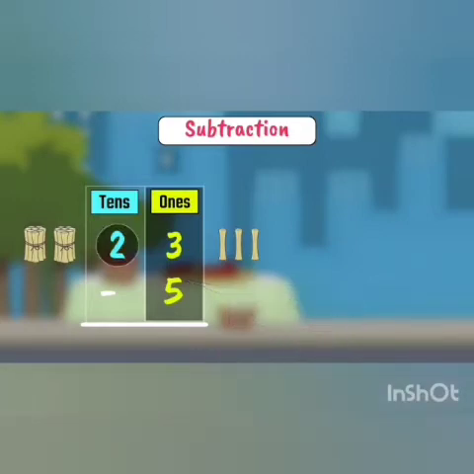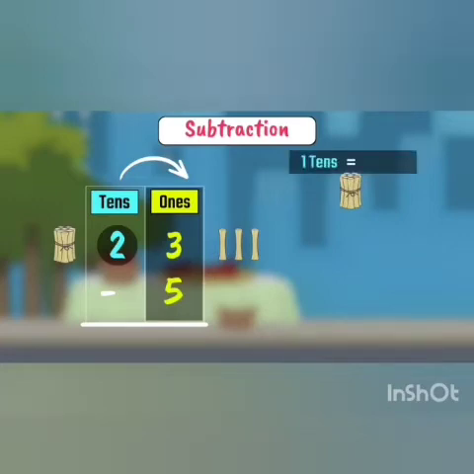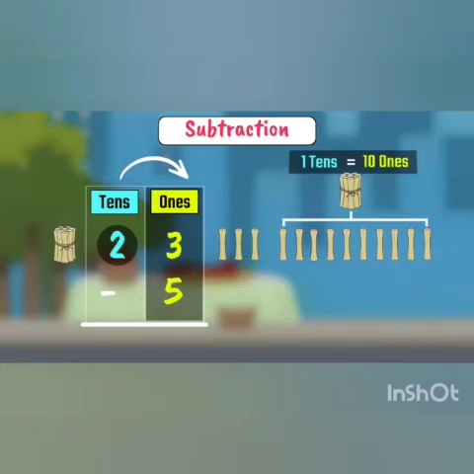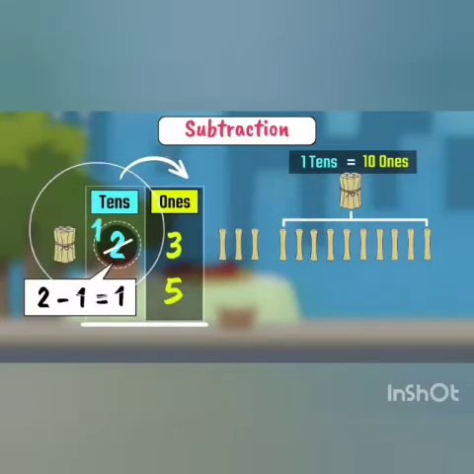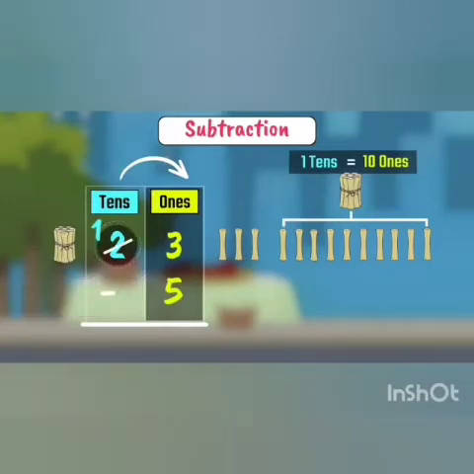So we will borrow 1 tens from tens column and the tens that have been borrowed will be regrouped as 10 ones. So now at tens column we have only 1 tens left. And at ones place we have 13 ones now.